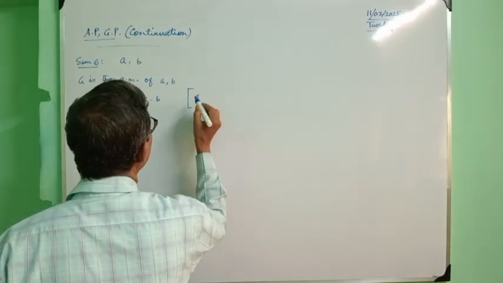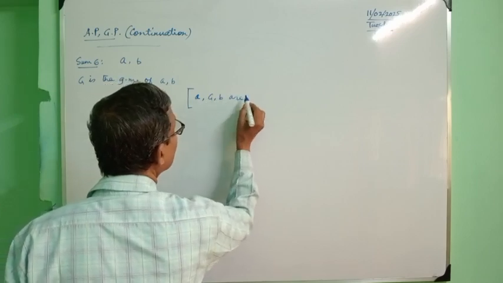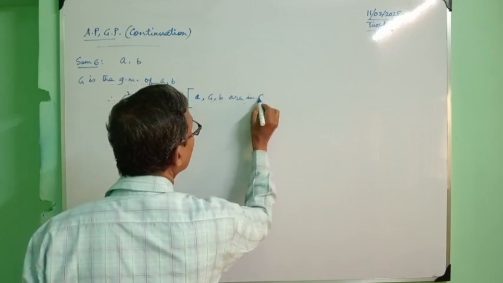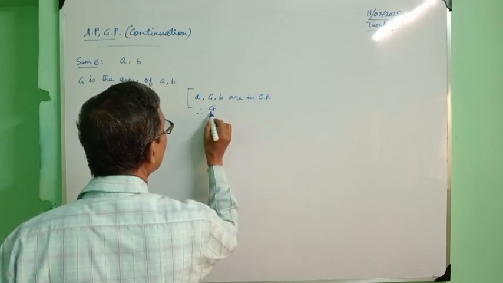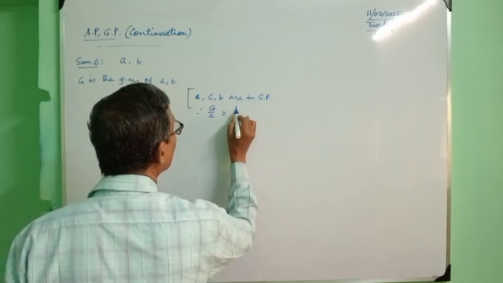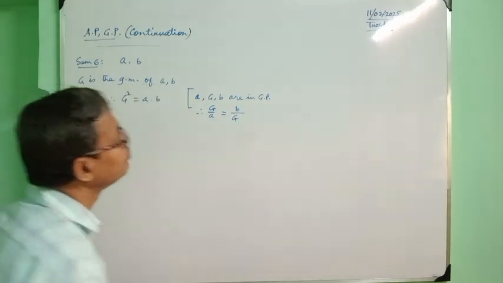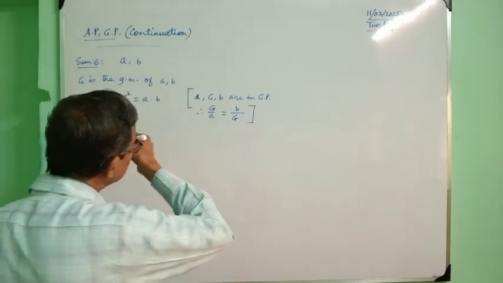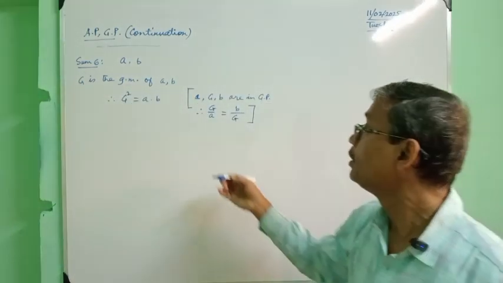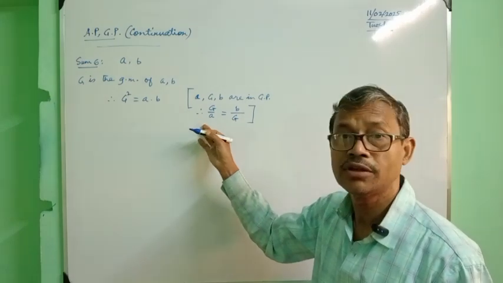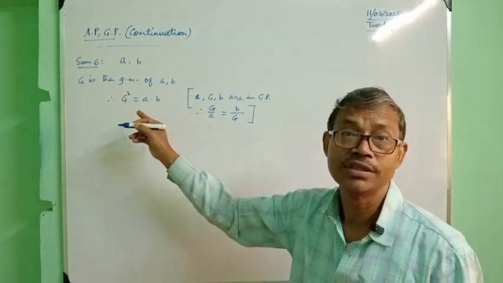You can write like this. A, G, B are in GP. Therefore, according to the property or definition of GP, we shall write this after that this.